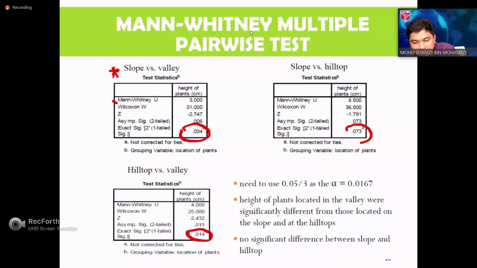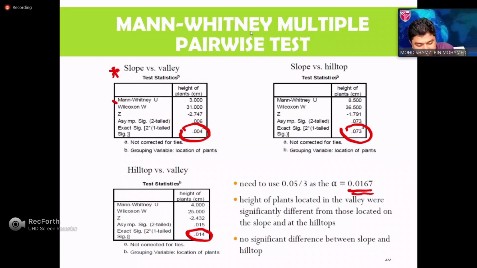In this case, by using the Bonferroni requirement, you divide by 3 to get alpha at 0.016. Okay, so in this case, 0.016, hilltop versus valley, this one may be significant, because alpha is 0.016.